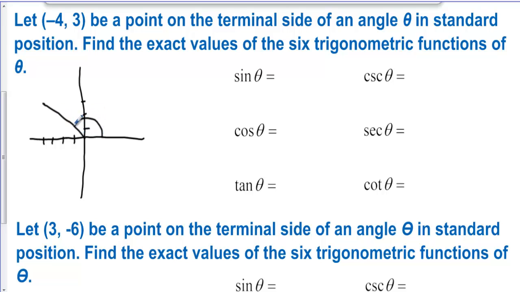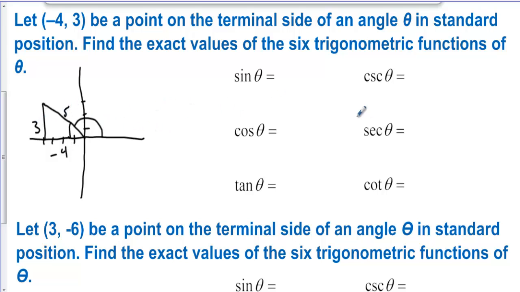To find the trig values of this angle that's past 90, we're going to use the acute angle right here. And we will know that the x is negative and the y is positive. So this value right here is negative 4. This value is 3. This is a 3, 4, 5 right triangle.